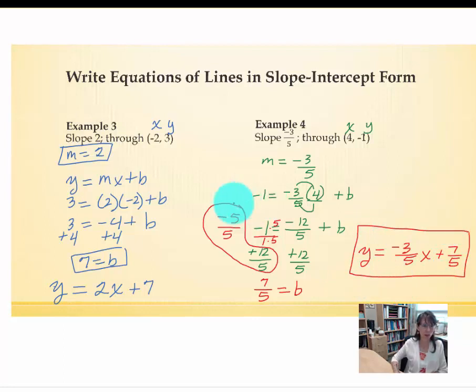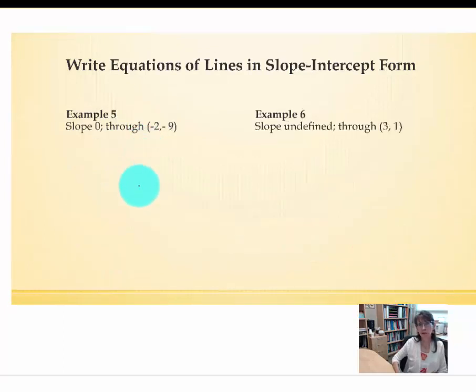Sometimes we have to put a little more effort into solving for b, especially when we don't have common denominators. But we can always build up with some common factor to create terms that have a common denominator. Here are a few more examples of writing linear equations.